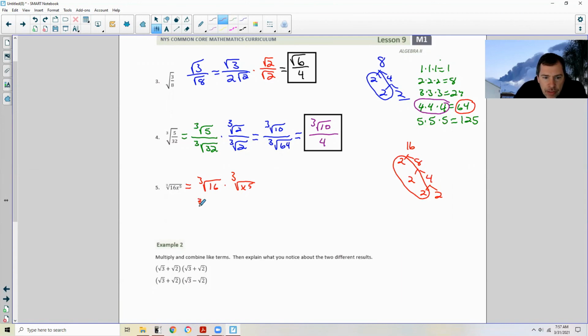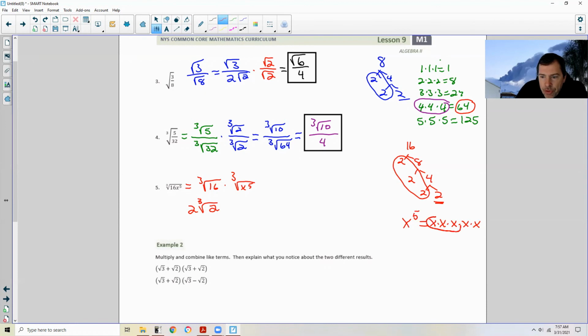This will simplify to 2 times the cube root of, this 2 here is from these 3 2's. The cube root of 8 is 2. I have a remainder here, so I have the cube root of 2. All right, so the cube root of 16 simplifies to 2 times the cube root of 2. And then I need to multiply that by the cube root of x to the 5th. Now keep in mind, x to the 5th equals x times x times x times x times x.